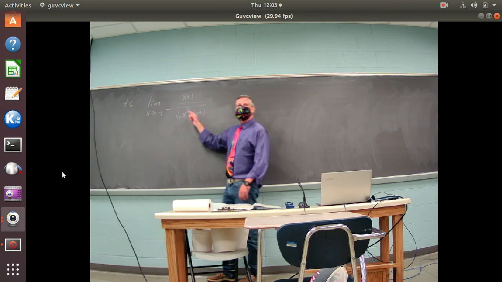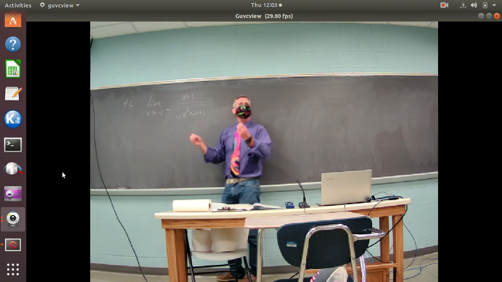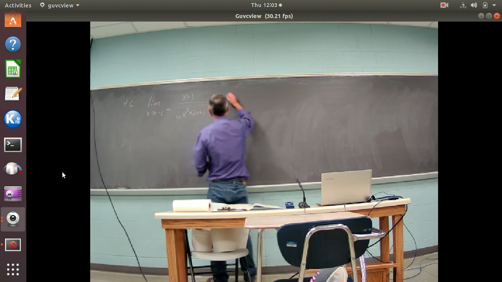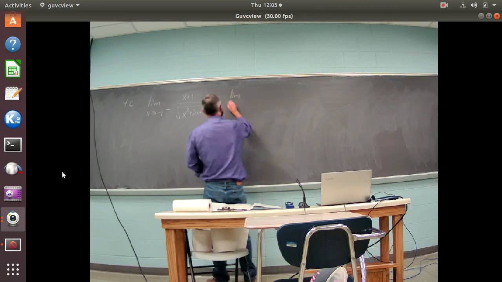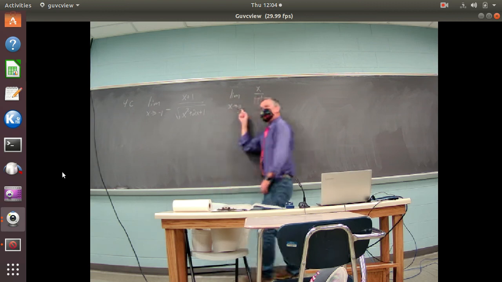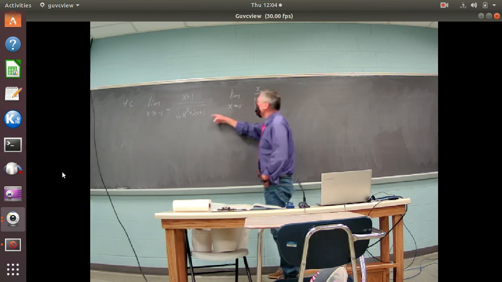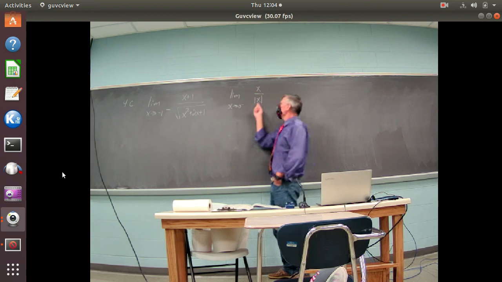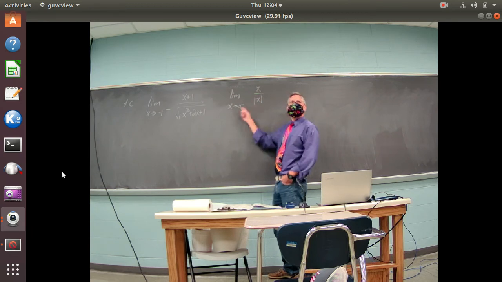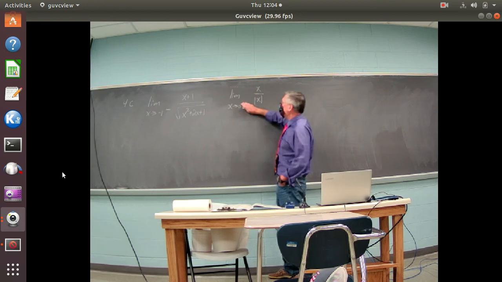So this problem is equivalent to a much more simply stated problem of what's the limit as x goes to 0 of x over the absolute value of x, and then whether you come in from the left or right or just want the whole limit, I could put that on here. But it's really just doing that. And the thing here is, the left and right don't match. So I graded it that way.